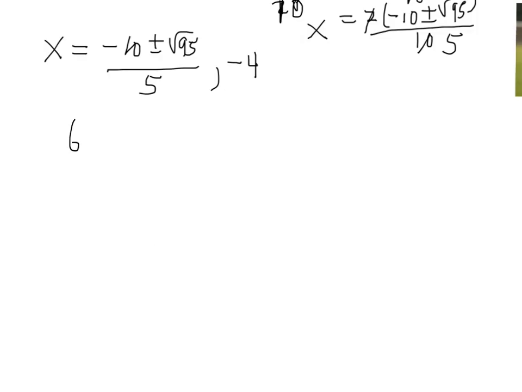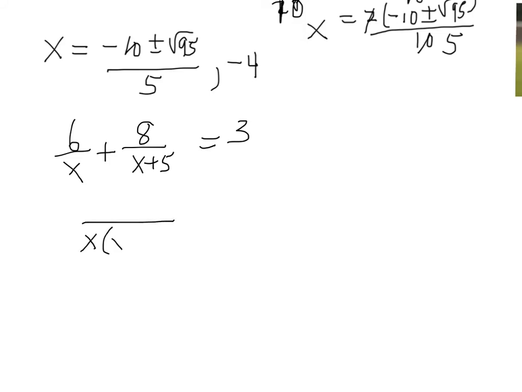So 6 over x plus 8 over x plus 5 is equal to 3. Solving that for x. So I'm going to make this into one term on this side, which would be x times x plus 5. And we're just going to use a common denominator. So I'd have to multiply the 6 times the x plus 5, and then the 8 times the x, and that's going to equal 3.